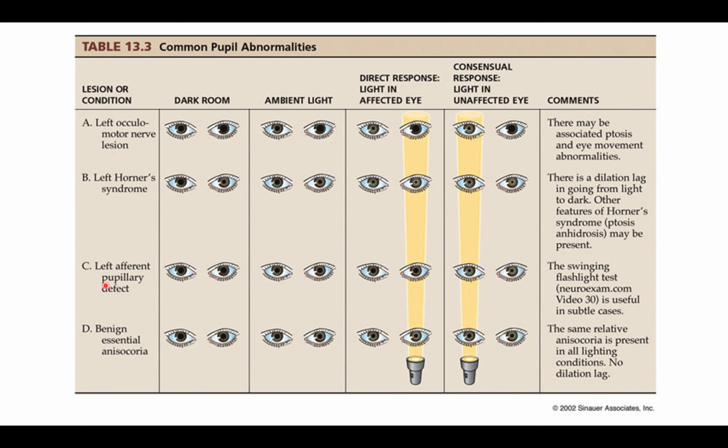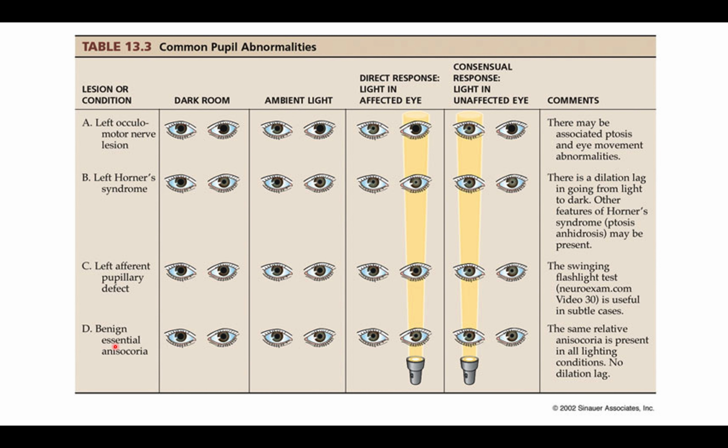Also in the left afferent pupillary defect, when we shone the light in the affected eye, it is dilated, so it is abnormal, but there is a consensual response. When we shone the light in the unaffected eye, it is constricted.